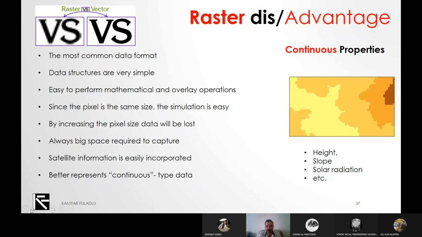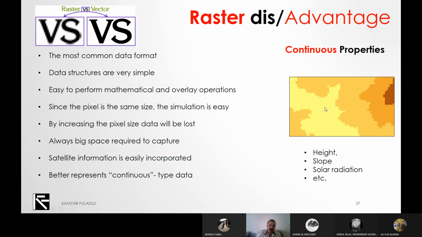Also, a big space is required to store it. Imagine a poster you make in Photoshop, maybe one to a few gigabytes of space you need to store, but the drawing that you draw in AutoCAD, maybe a few megabytes you need to store.